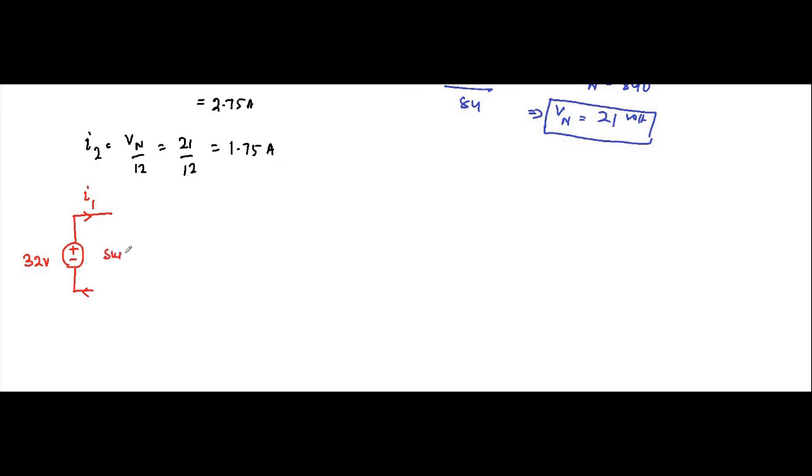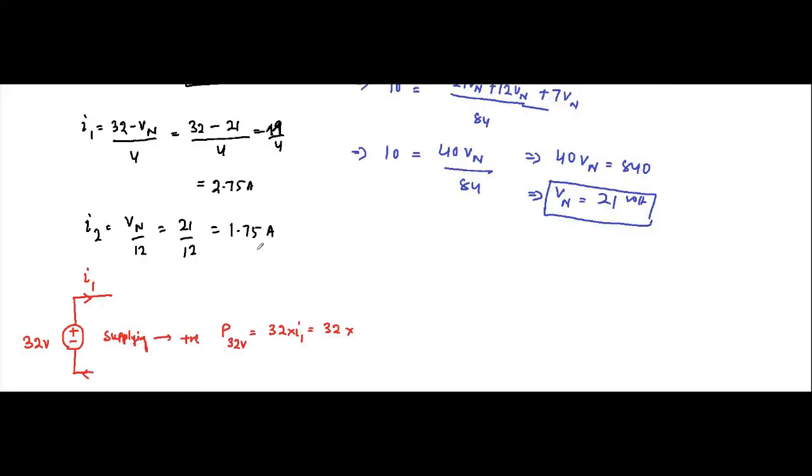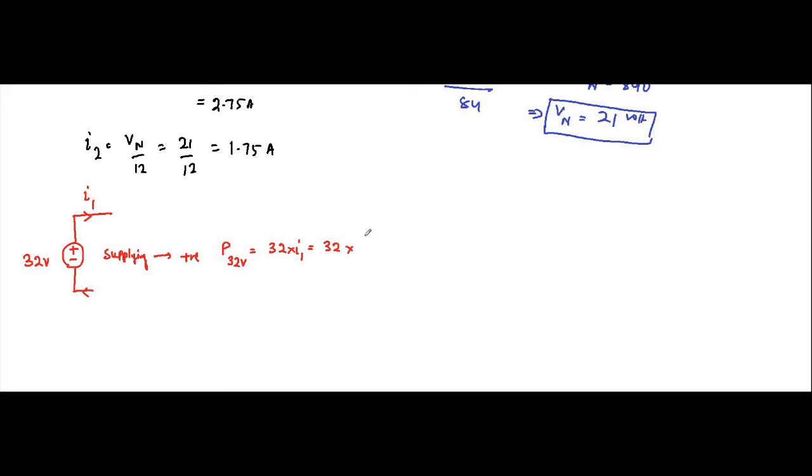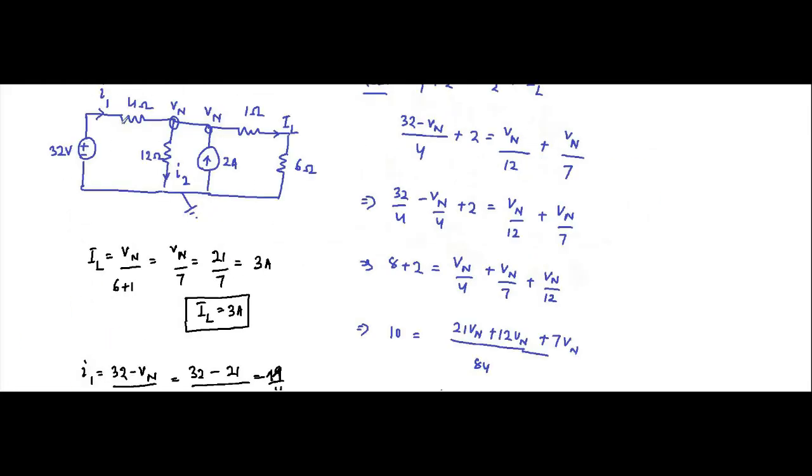So it is supplying power, which means the sign will be positive, and that power is equal to 32 into I1, which is 32 into 2.75, which is equal to 88 watts, that is plus 88 watts.